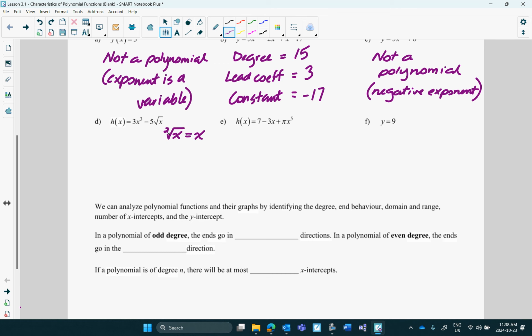It's a fraction exponent. x to the 1/2. Like the cube root of a number is the same as that number to the one third. The square root of a number is the same as that number to the half. So is this a polynomial? Sure isn't. Fraction exponents. Not a polynomial.